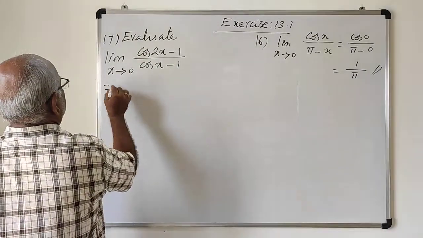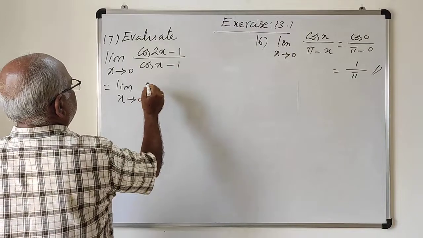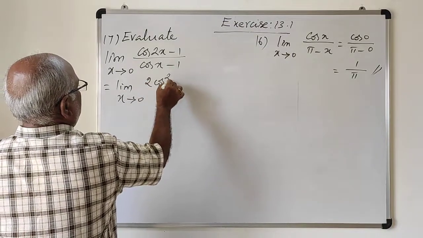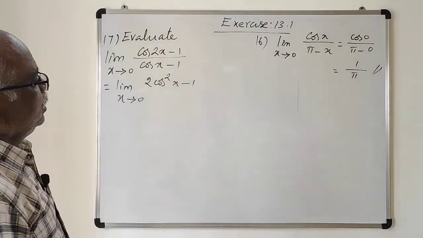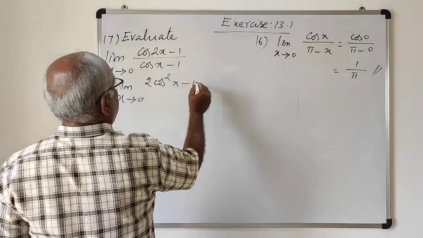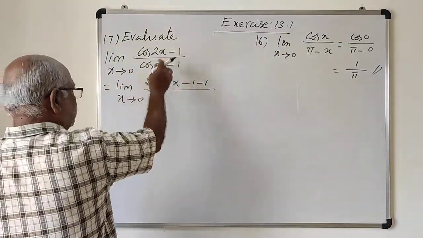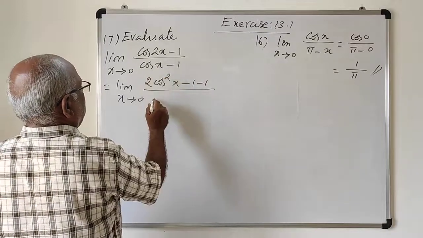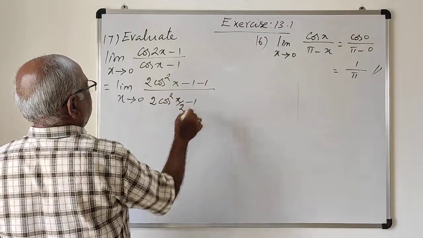So this is expressed as limit x tends to 0. For cos 2x, you know the trigonometric result: cos 2x is 2 cos square x minus 1. Already minus 1 is in the numerator. Similarly, for cos x, you apply the half angle formula: cos x is 2 cos square x by 2 minus 1.